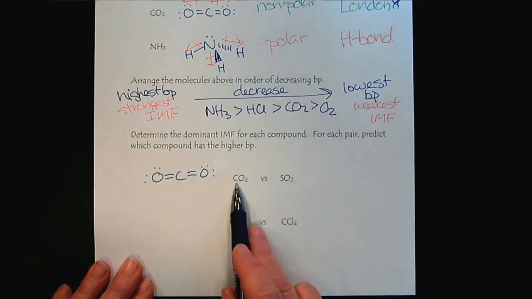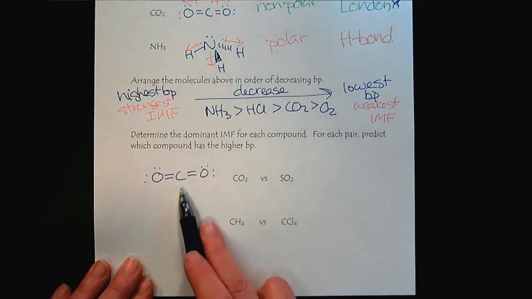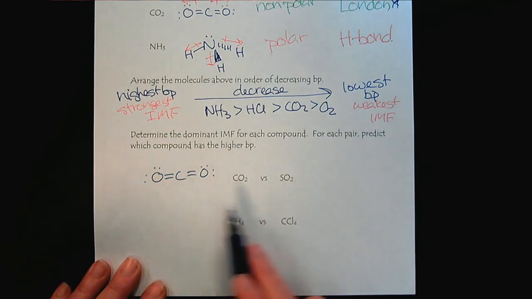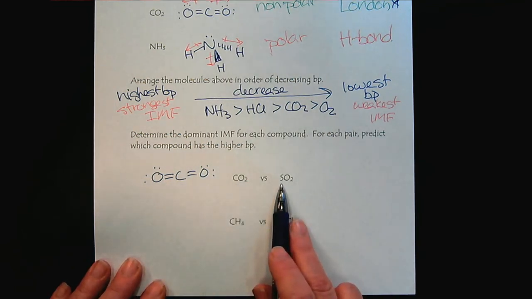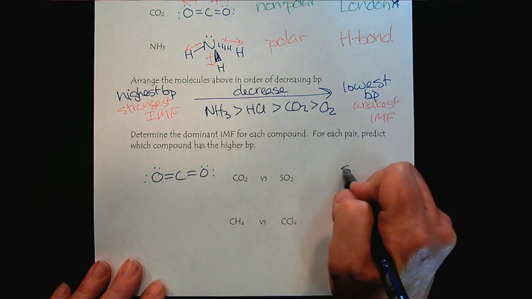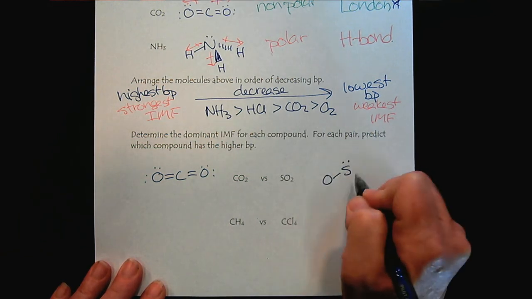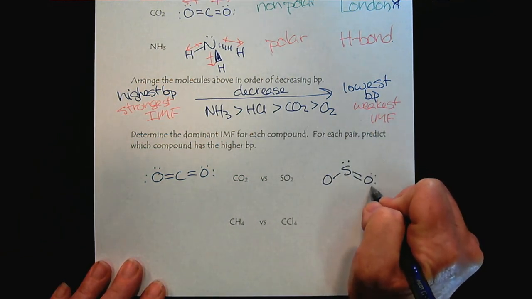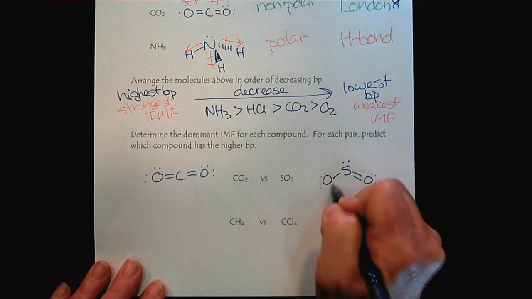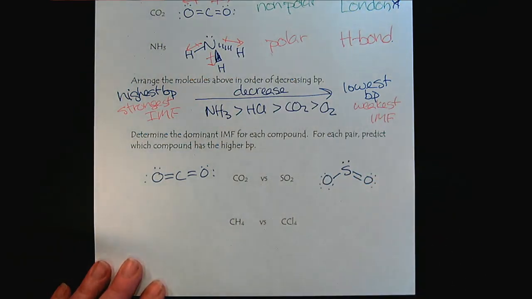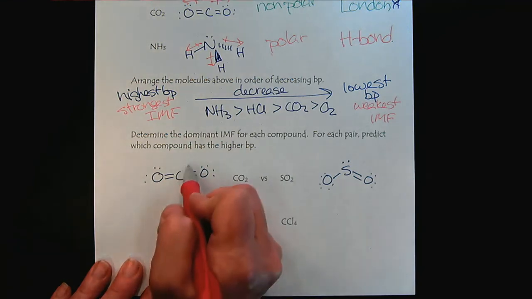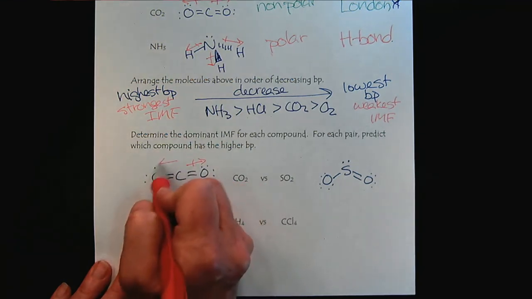Now remember, carbon is a group 4 element, so we end up with a linear geometry. However, sulfur is a group 6 element, so we have that extra lone pair. And so we end up with a bent molecule. Now we look at the differences in electronegativity and draw in the dipole moments.